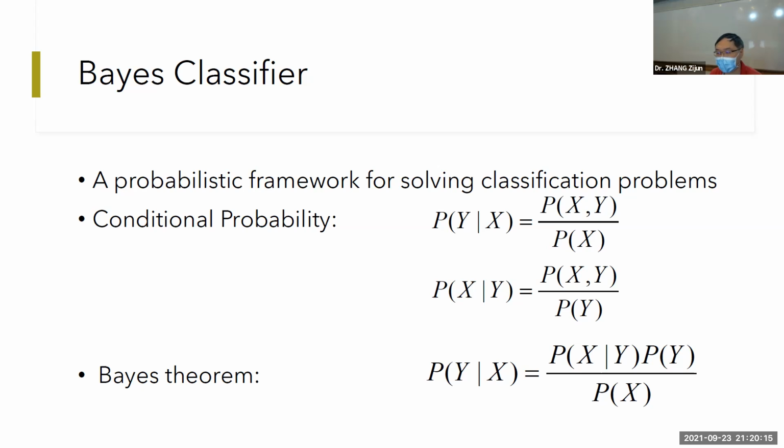For the conditional probability of x depending on y, it is a similar thing. So the Bayes theorem is that given 2 conditional probabilities, P(y|x) and P(x|y), as well as the probability of event x and the probability of event y, we will have the conditional probability of y given x equal to the conditional probability of x given y multiplied by the probability of y, divided by the probability of x. Okay, this is the Bayes theorem.